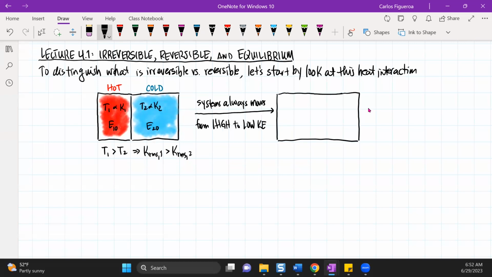If they interact, they're going to reach thermal equilibrium. What do we mean by thermal equilibrium? Their temperatures, or the K RMS, are now the same. So both of these now have the same temperature.